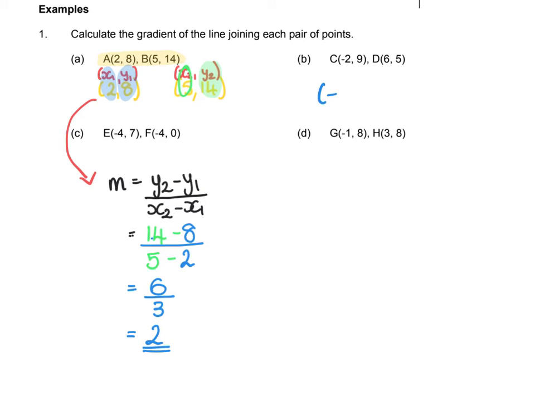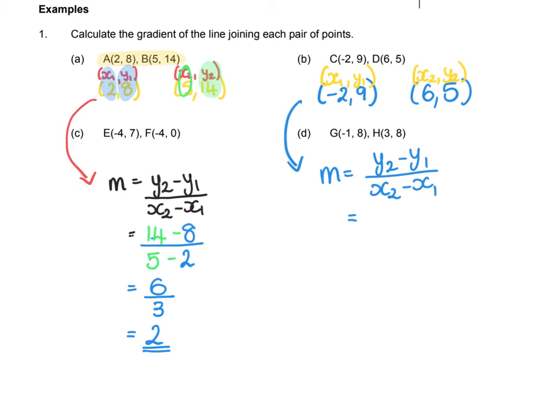We have 2 coordinates. I'm going to label one of them x1, y1, and the other one x2, y2. Again, I need to write down my formula.